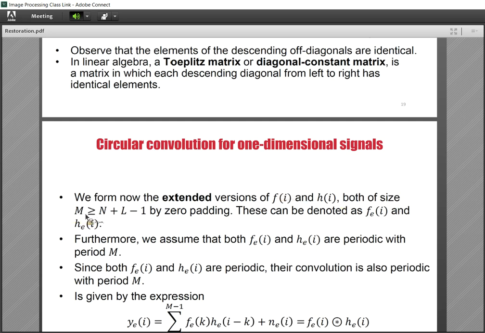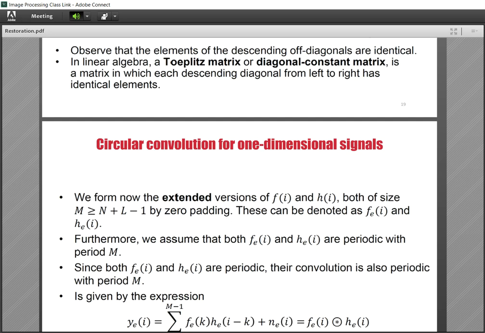Both of size M larger than N plus L minus 1, by zero padding.